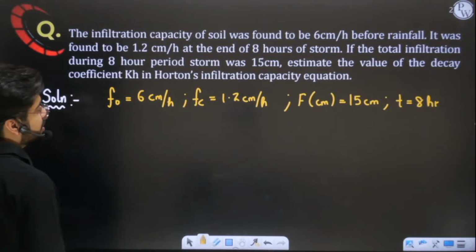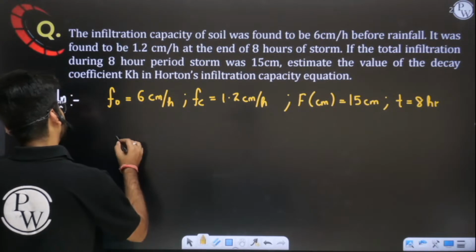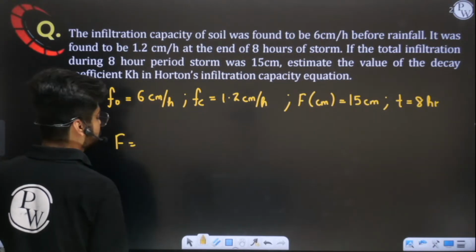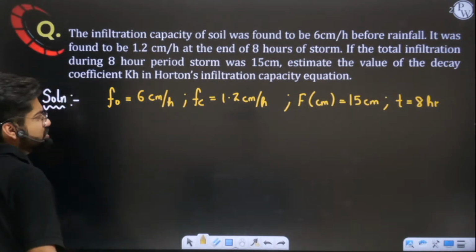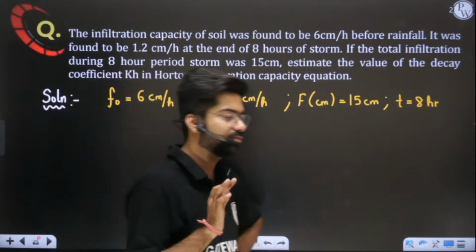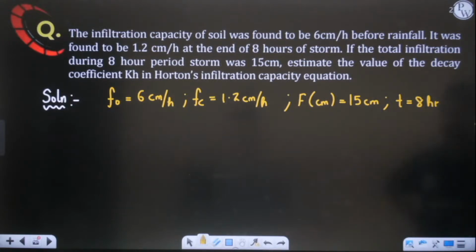So can you find the answer to this one? F is given to you. Everything is given to you. You only need to find K. Can you guess it? Can you solve it? I'm giving you 1 minute's time.